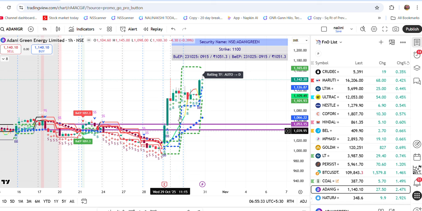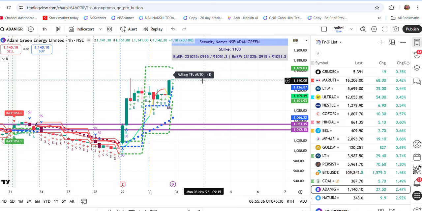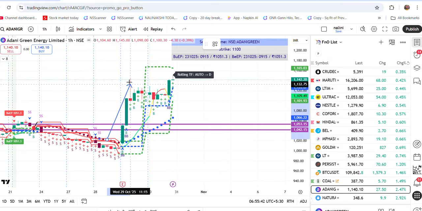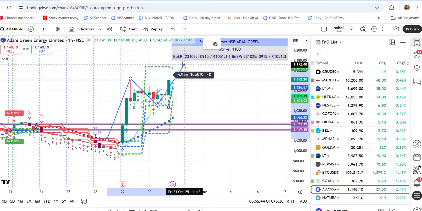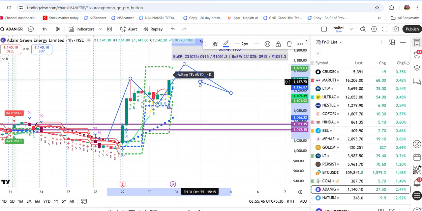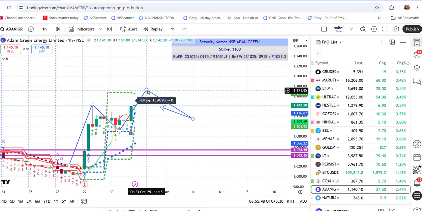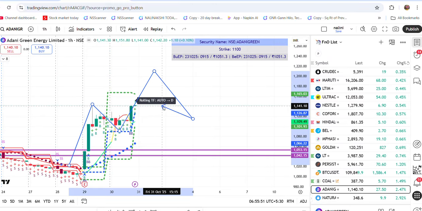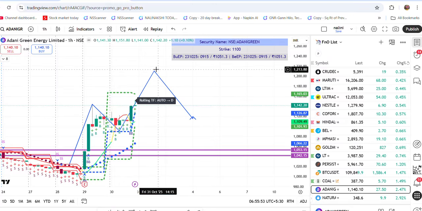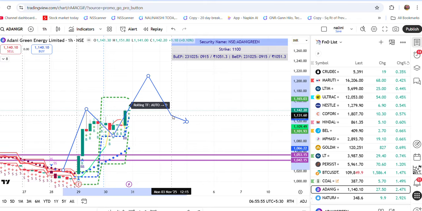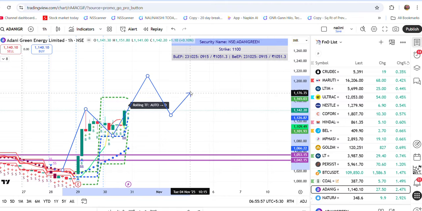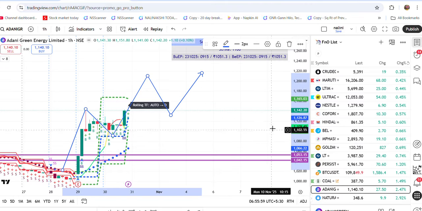Now still it is continuing. It is one level of rise. It can go up to another level, it can gap up, and it is showing some direction like this it can move.